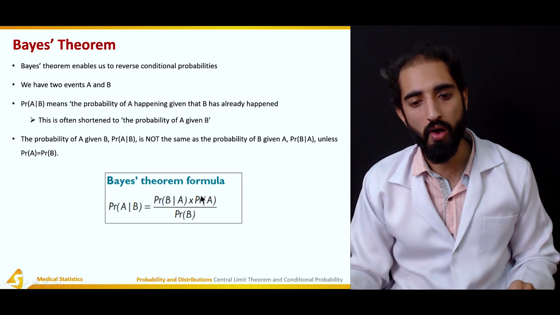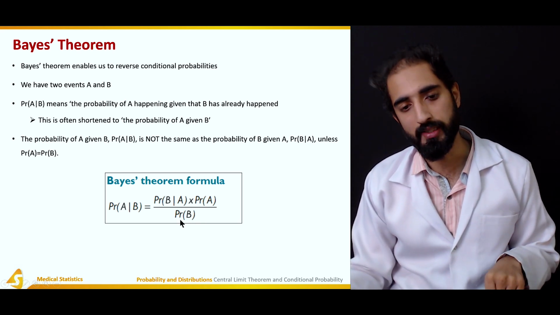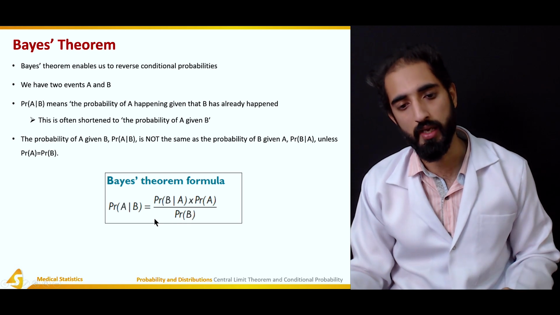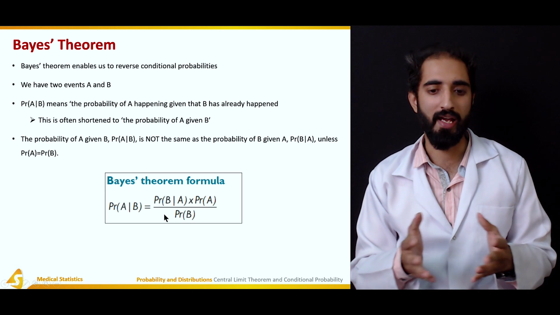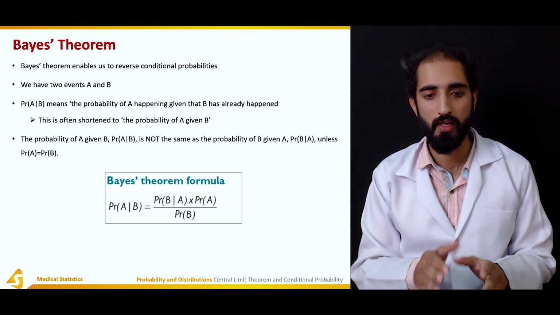So we put all these probabilities, and then we can use this Bayes' theorem formula to calculate the probability of A given B. And this is very useful when we have a conditional scenario.